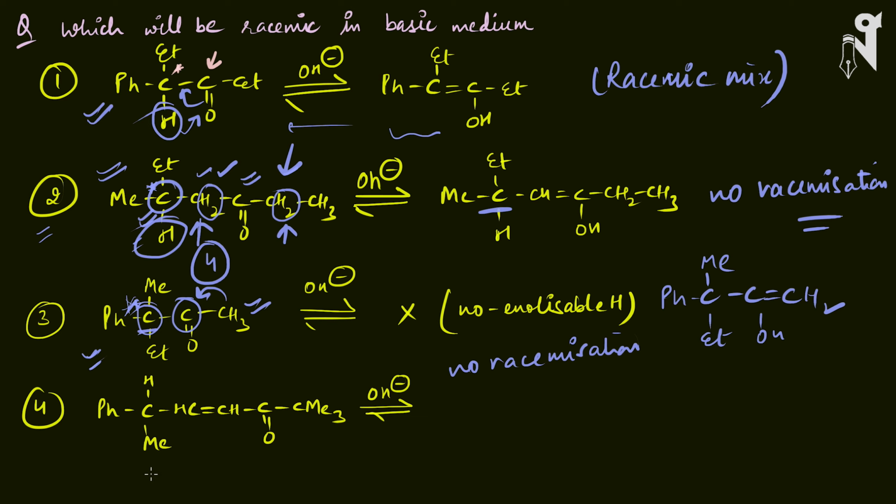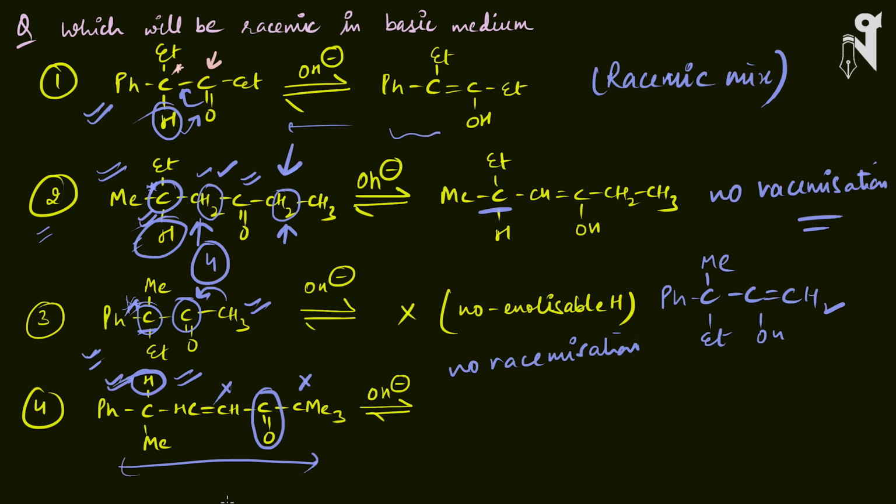Exactly the same way, look at this case. We have the keto group over here, no enolizable hydrogen here, and this is also not an enolizable hydrogen, sorry, but it has a distant hydrogen over here. Look at this. So here, this is the enolizable hydrogen. It is in a distant relation. I told you what the distant relation is. This hydrogen can get involved in the enolization process, and there is an extended conjugation over here.